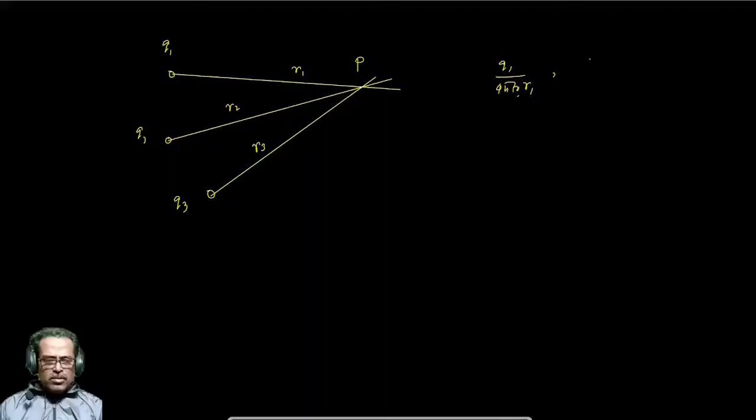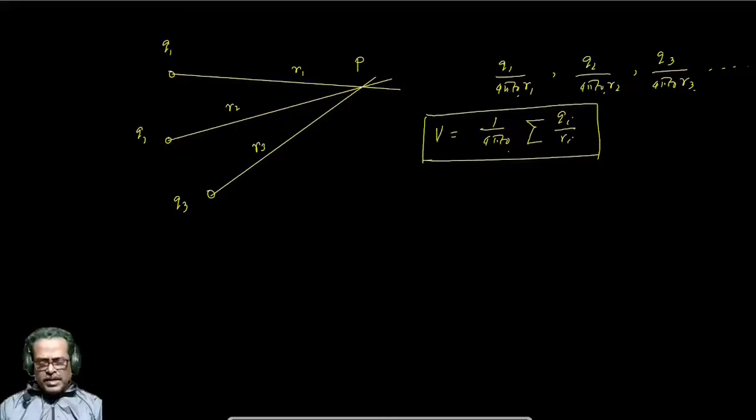Next for q2, q2 by 4 pi epsilon 0 r2, and for q3 similarly, and so on. So the net potential V is equal to 1 by 4 pi epsilon 0, that is the common part, into the sum of qi by ri. We know that potential energy and potential are both scalar quantities. So algebraic summation is sufficient to find the resultant potential due to several charges in space at a given point.